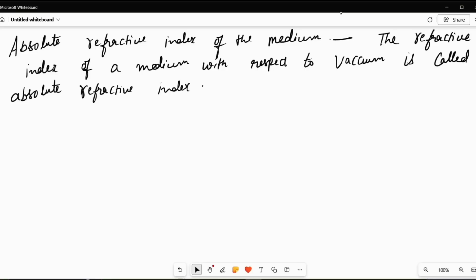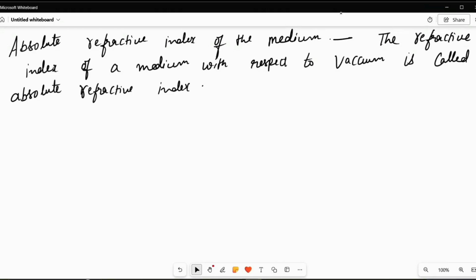So, Naina, what do you mean by this? Aditya, what do you mean by that absolute refractive index? See, whenever light is moving from vacuum to any other medium, whatever mu value you get, that we call absolute refractive index.